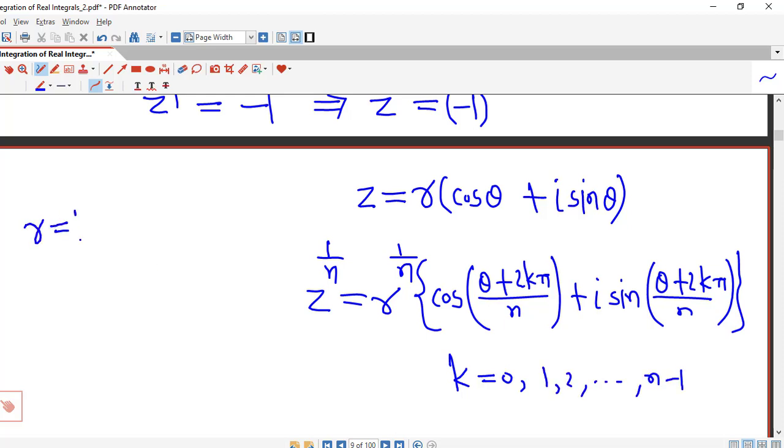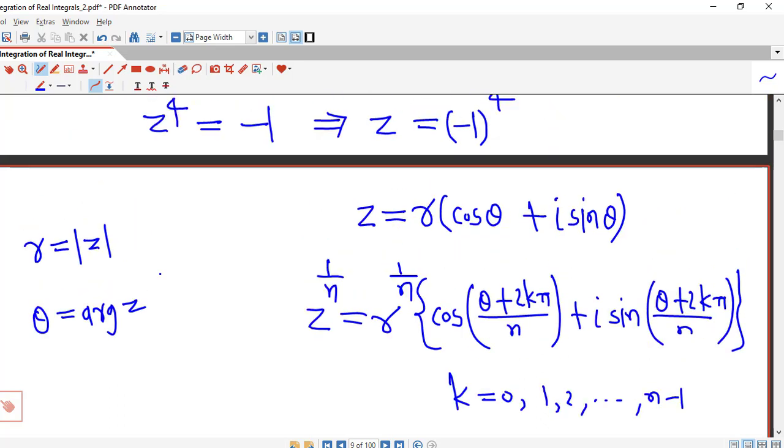Here r is nothing but the absolute value of z, and theta is one value of the argument of z.